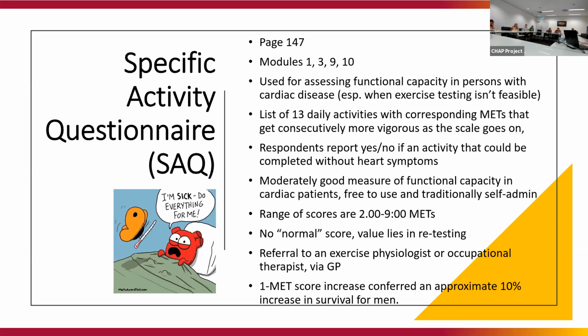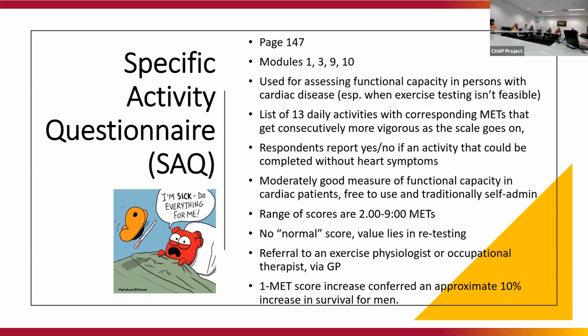So it's a list of 13 activities and their corresponding METs, and they get consecutively more vigorous as they go. So it starts with something quite simple and then moves down to a quite vigorous, like marathon level activity. And they're all yes or no questions. So you're asking essentially whether an activity could be completed without having heart symptoms.